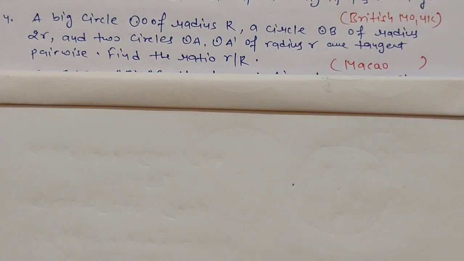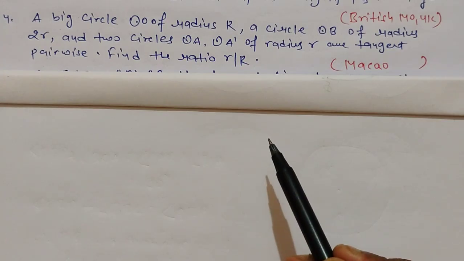Given a big circle O of radius R, a second circle B of radius 2R, and two circles A and A dashed of radius r are tangent pairwise. Find the ratio of small r and capital R, meaning the radius of these two given circles.